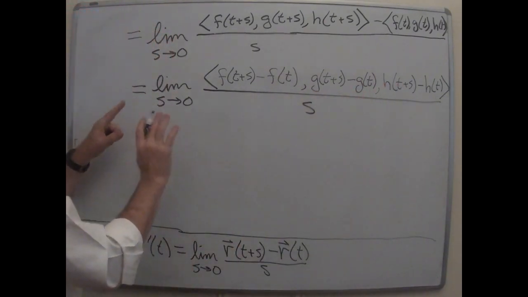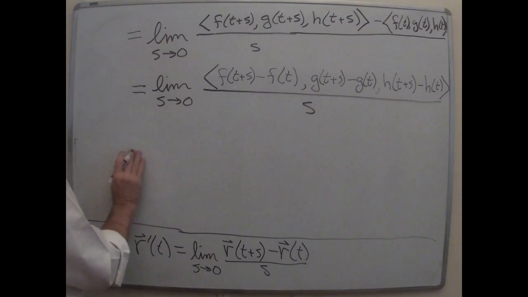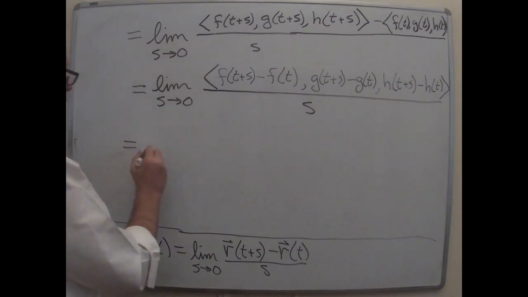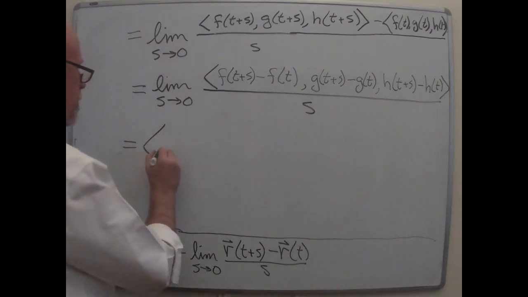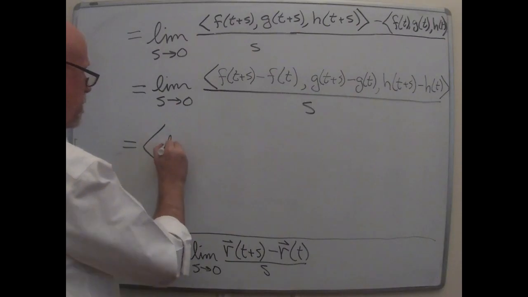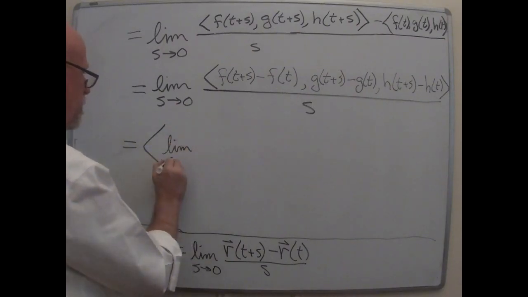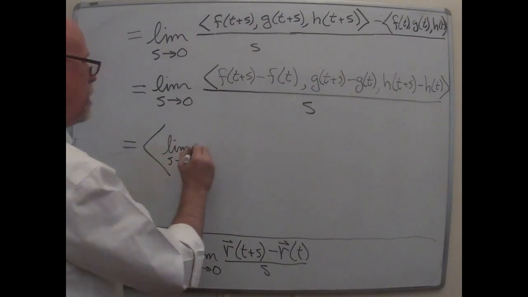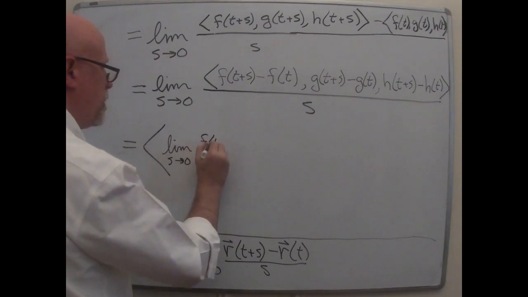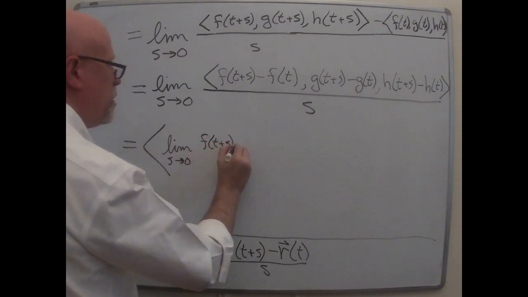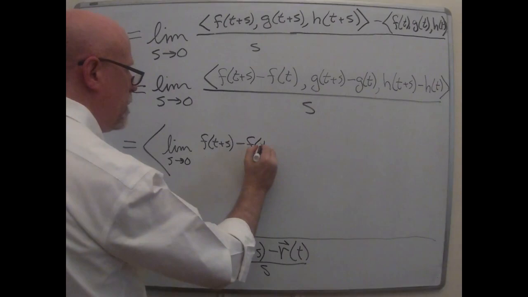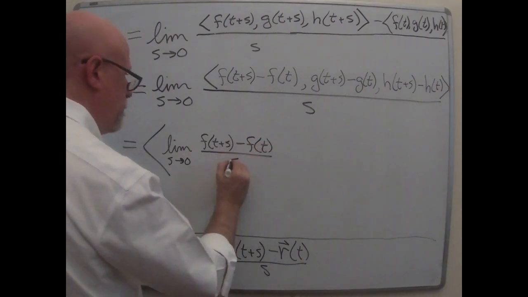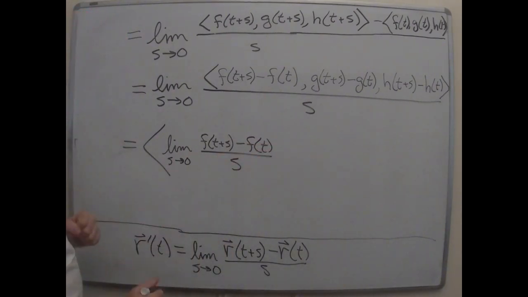So let me do two things at once here. What we've got is a giant vector which has in the x coordinate the limit as s goes to 0 of f of t plus s minus f of t over s. That's the x coordinate of the thing.